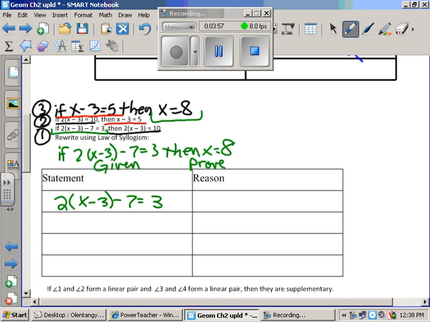Okay? And then you write all your conclusions in order after that. So if this is true, then what? 2 times x minus 3 equals 10, right? That's my first conclusion. That's a conclusion from statement 1.